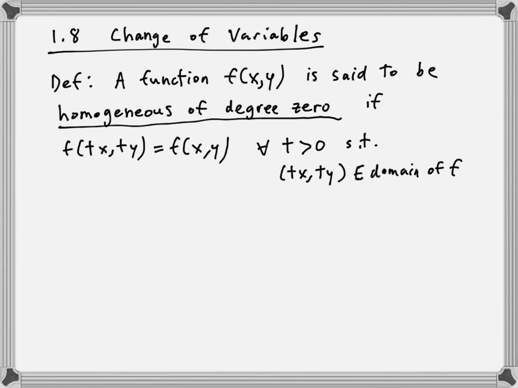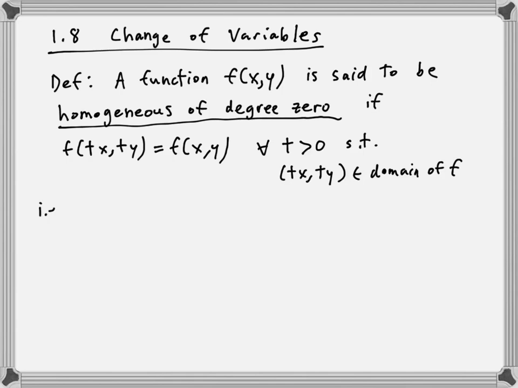Okay? Let me make this a little more clear here. So another way to look at this, let me just rephrase what this means. This means that if we plug in tx and ty, it's just like plugging in x, y.